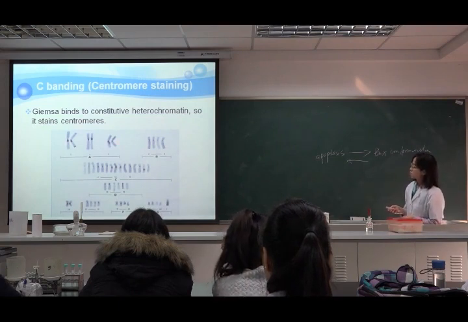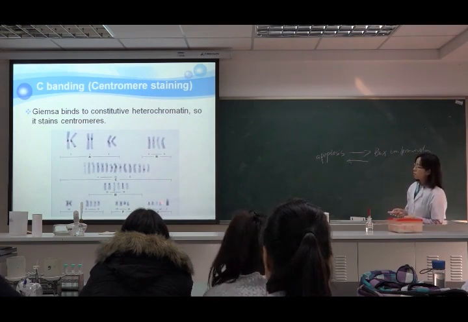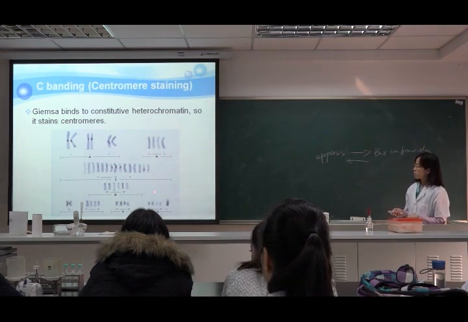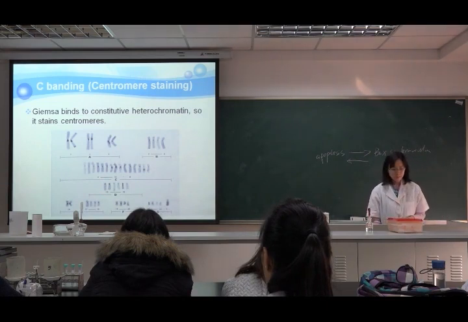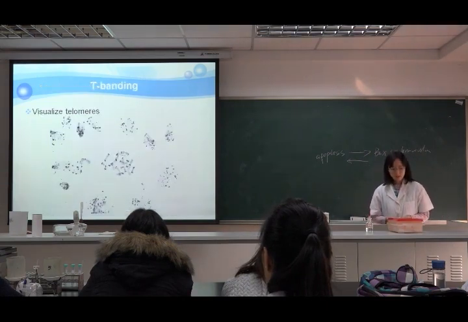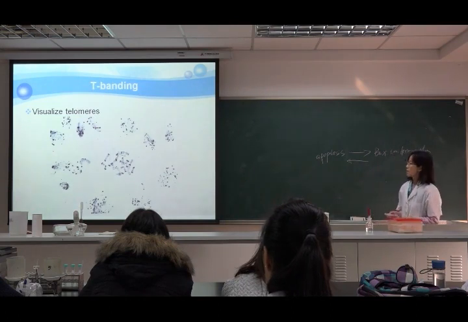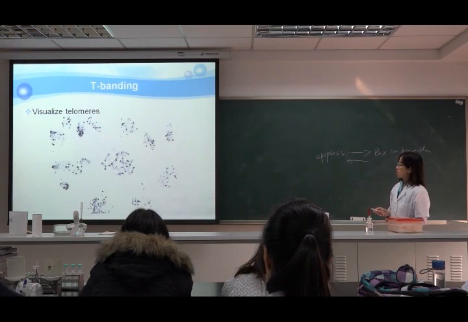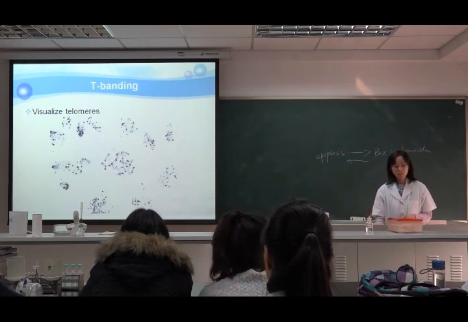So we can use this to observe the centromere, and even the Y chromosome, because the Y chromosome also stains dark. This is C banding. And another, if we just want to visualize the telomere, we can see the telomere, so this is called T banding, just telomere banding.